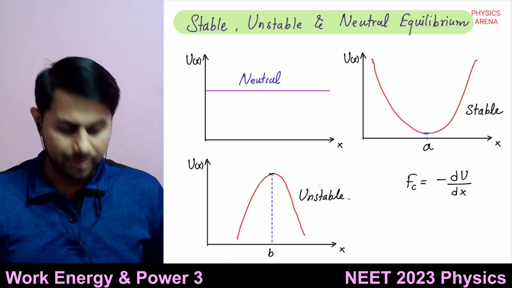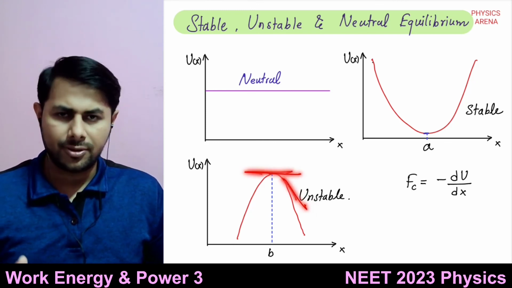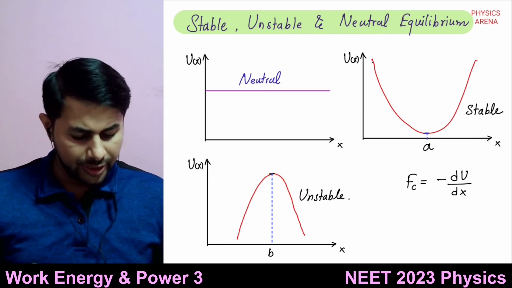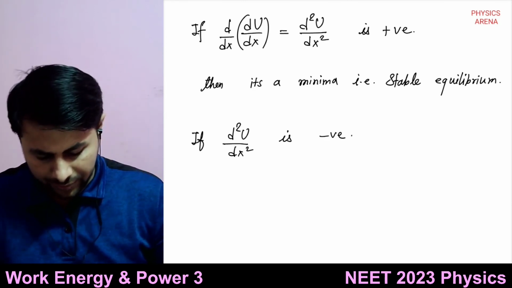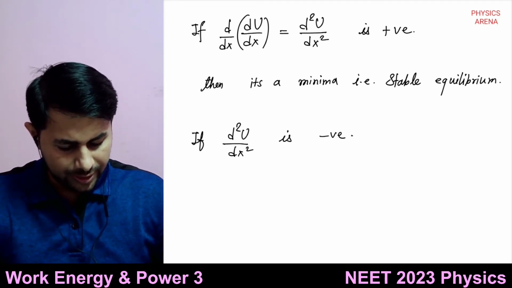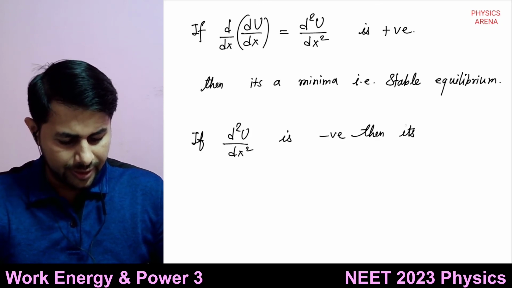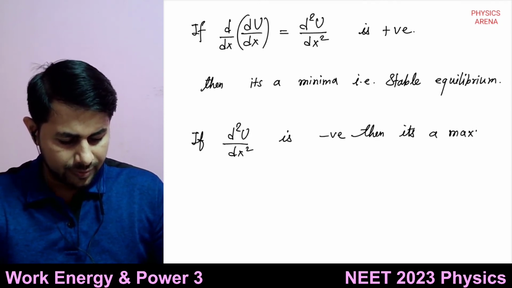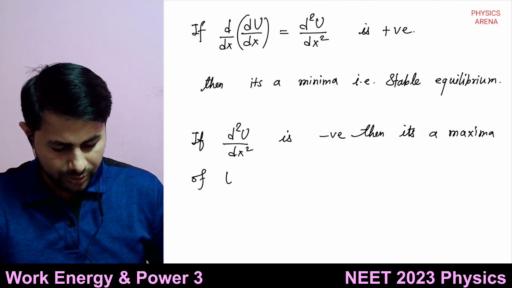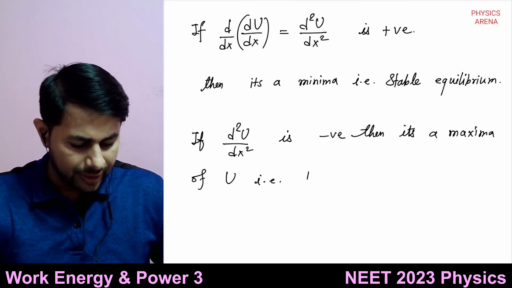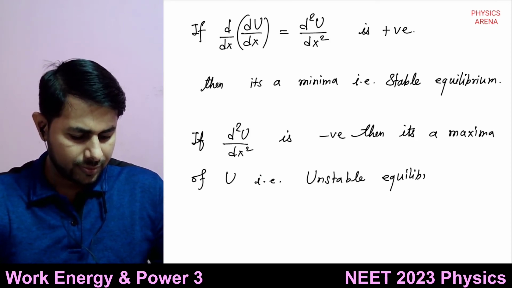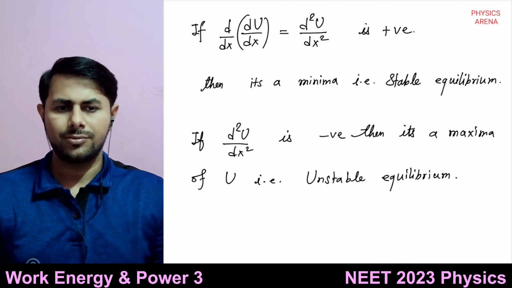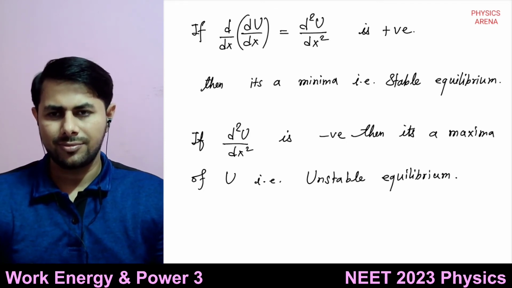So this negative number minus 0 will give you negative. If the change in slope is negative, that means d2u by dx square is negative, then it's a maxima of u, that is, an unstable equilibrium. Got it? Yes, sir.